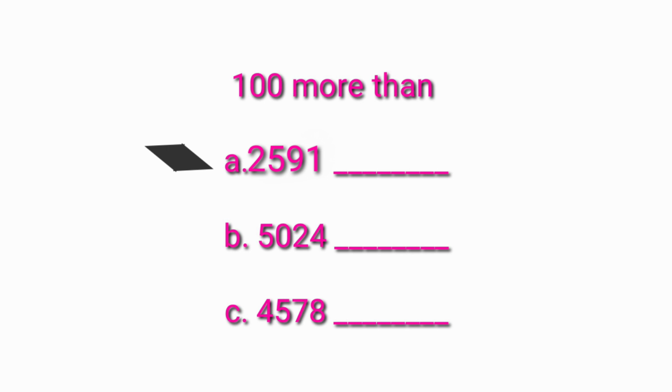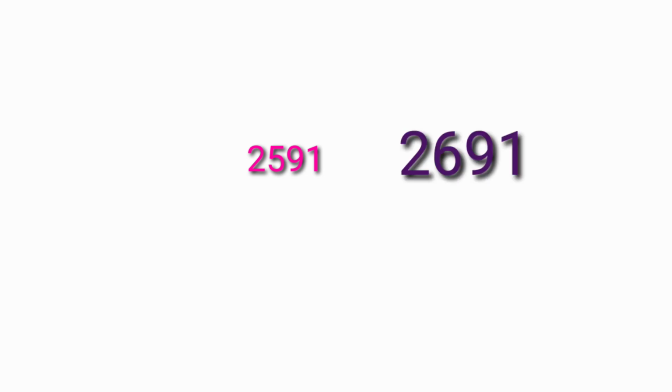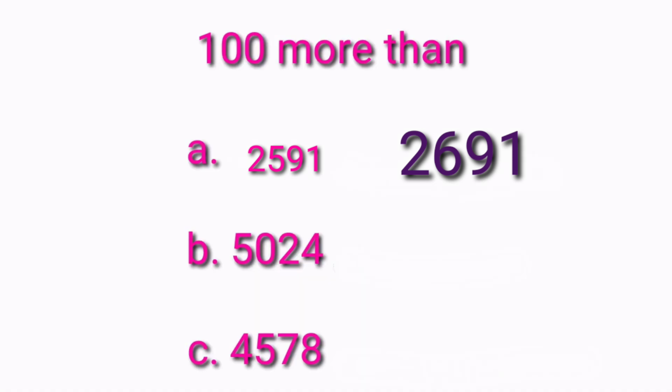Here we will get a new number which is 100 more than 2591. We will get the new number by adding 100 to 2591. We write it down as 2591 plus 100 equal to 2691.